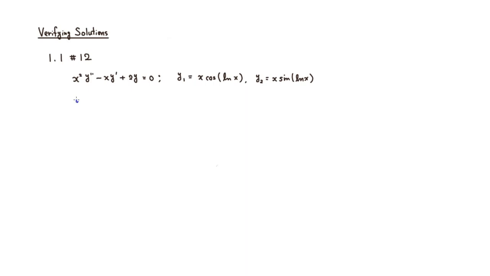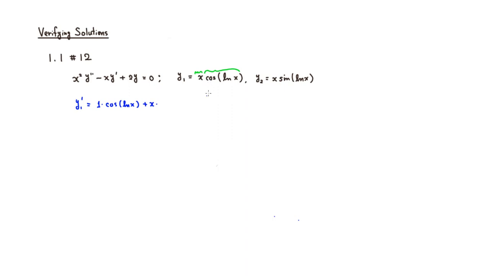So y1 prime is equal to, since you have two things multiplied together, this is the first guy and this is the second guy, we have to use the product rule. The derivative of the first guy is 1 times the second guy, cosine of natural log of x, plus the first guy, x, times the derivative of cosine of natural log of x.